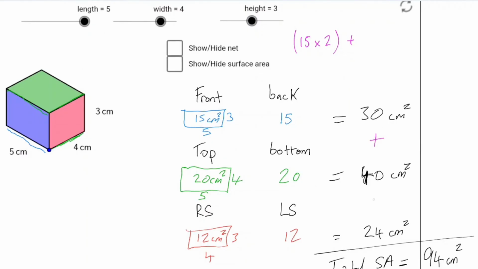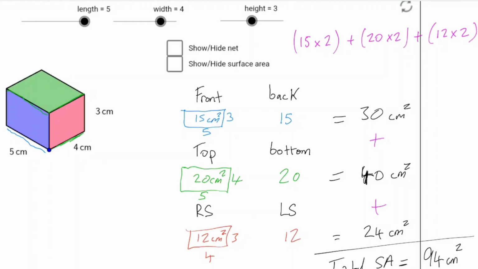Because we're adding all of these together, we could have also done 20 times 2, and we could have said 12 times 2, which is 94 centimeters squared. So there are different ways we could calculate it.